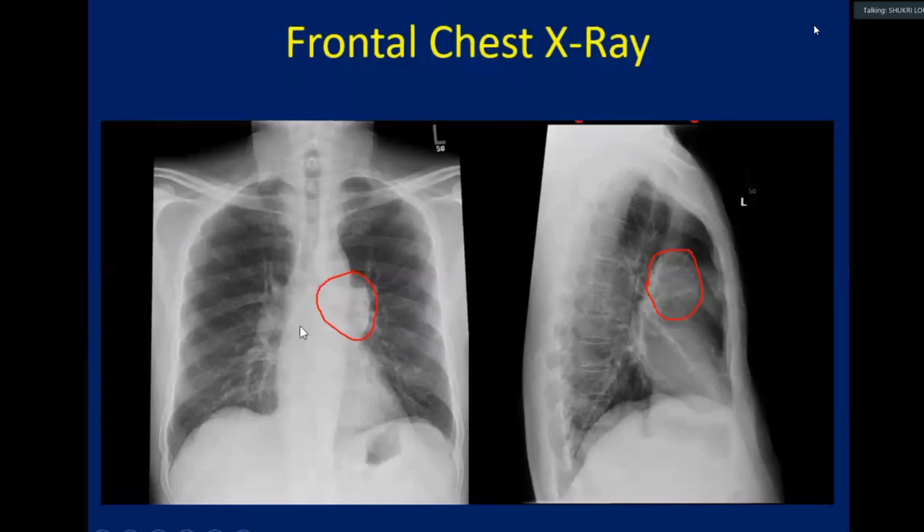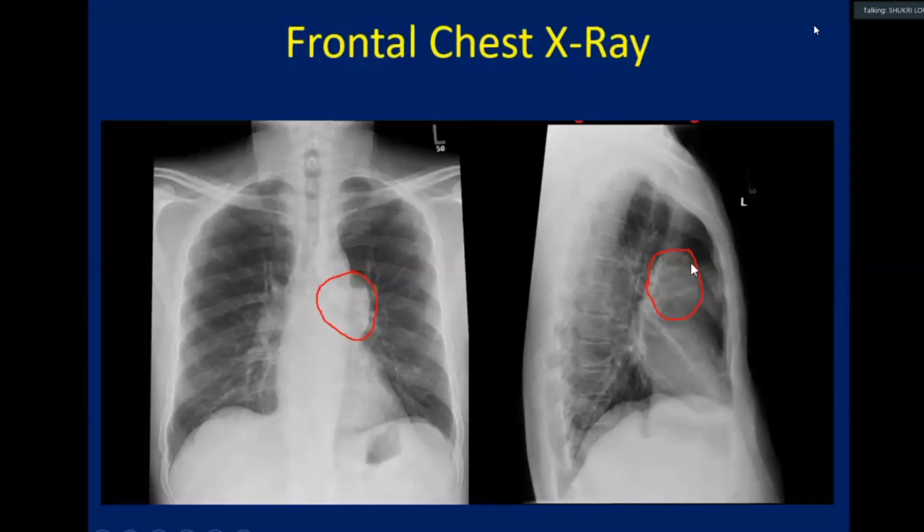The example that I showed you on the frontal radiograph presentation: the lateral view helps you in localizing the lesion. Because on the frontal view, the lesion looks as if it's arising from the left hilum.